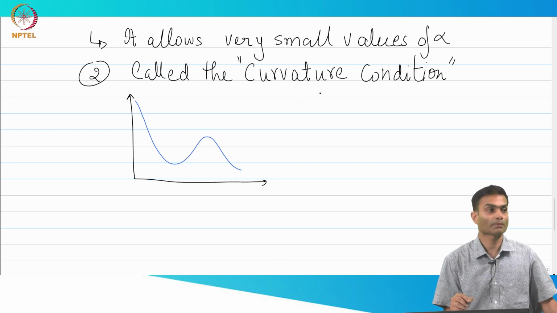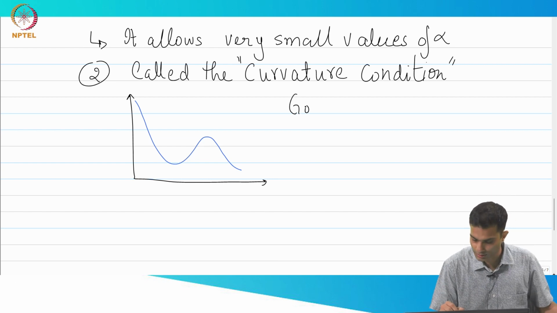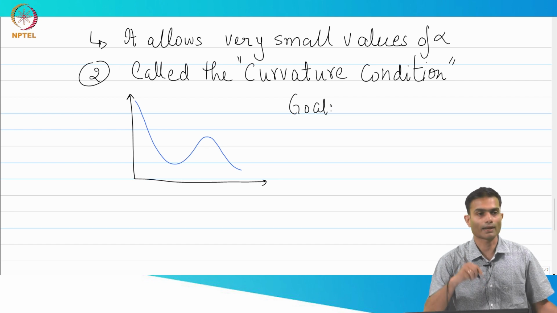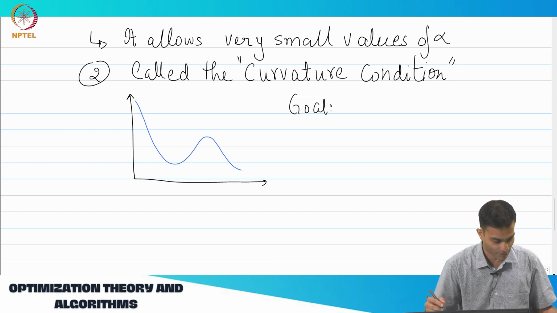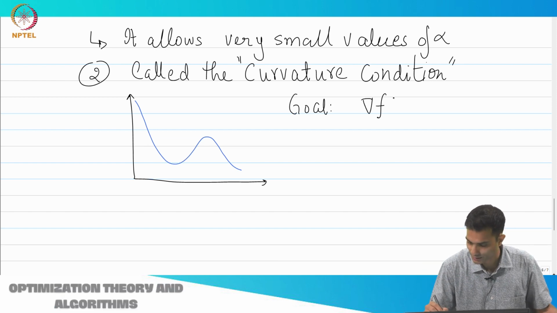Let us again keep in mind what the goal is. The goal is, at the new point xk plus 1, the gradient should be 0. Let's just quickly remind ourselves of that.